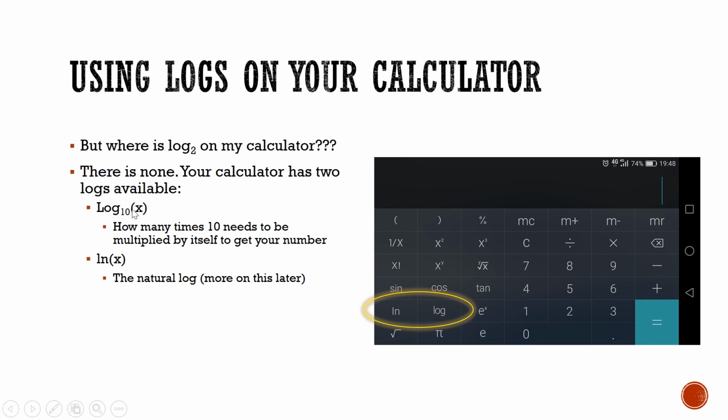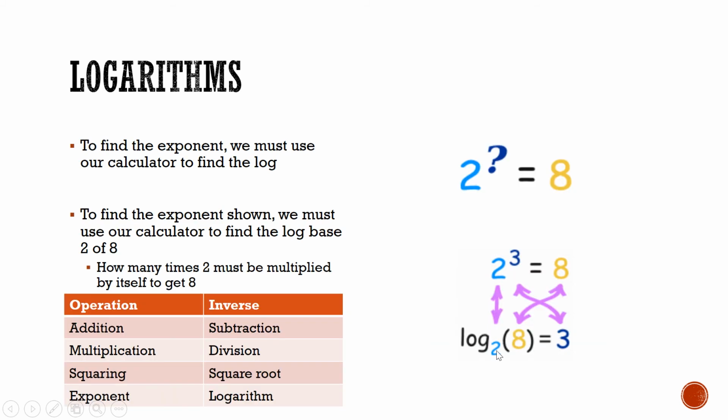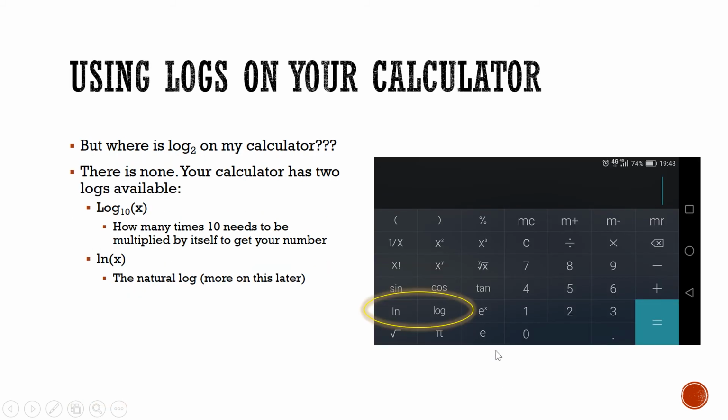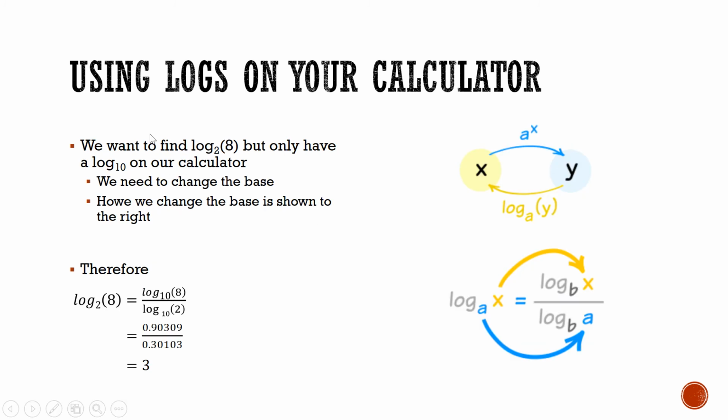So you might notice log 10 and log 2, they're not the same thing. So that's the next thing we need to deal with. Your calculator does not have a log 2. It doesn't have a log 3 or log 4 or log 8 or anything like that. It only has a log 10 and a log e. So we need to work out a way of finding a log 2 on our calculator.